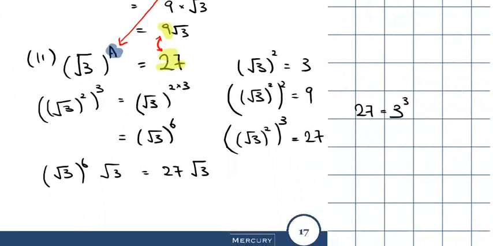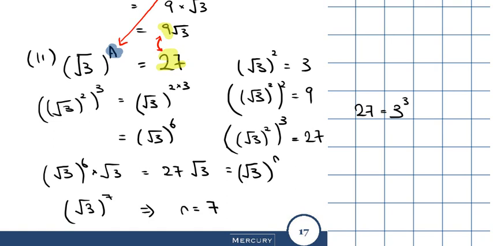I'm going to write on the other side, is equal to square root of 3 to the power of n. So how do we get from the left-hand side to the right-hand side? Well, square root of 3 to the power of 6 times square root of 3 is just square root of 3 to the power of 7, isn't it? I've got 6 here, and I multiply by 1 more, and I get 7. So therefore, n is equal to 7.